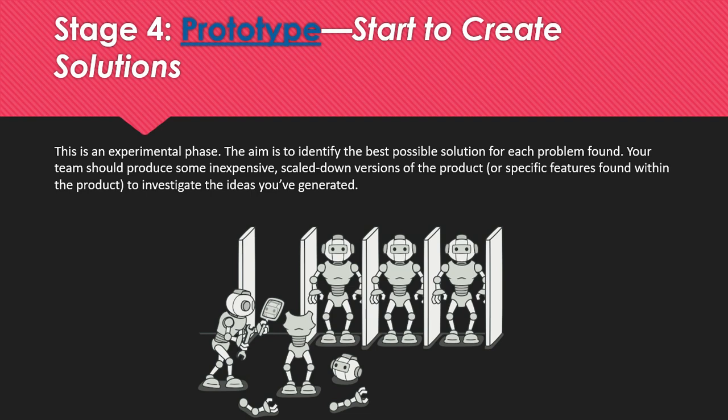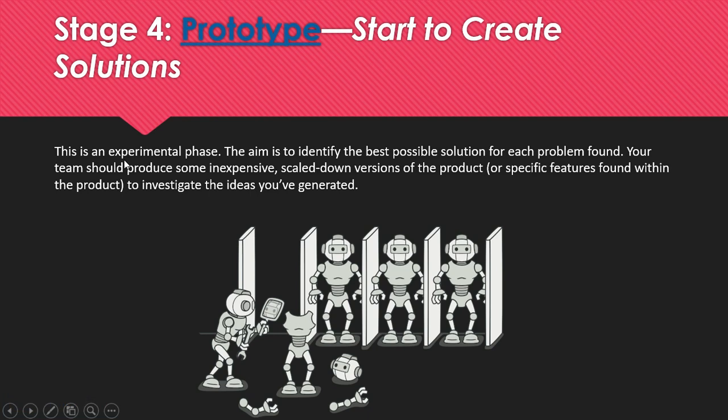So the fourth stage, you are going to create solutions, and these solutions are based off of the previous stage you just passed, the idea stage. So whatever idea you come up with, this stage is going to develop those ideas. Let me read this text here. This is an experimental phase. You are creating experiments.